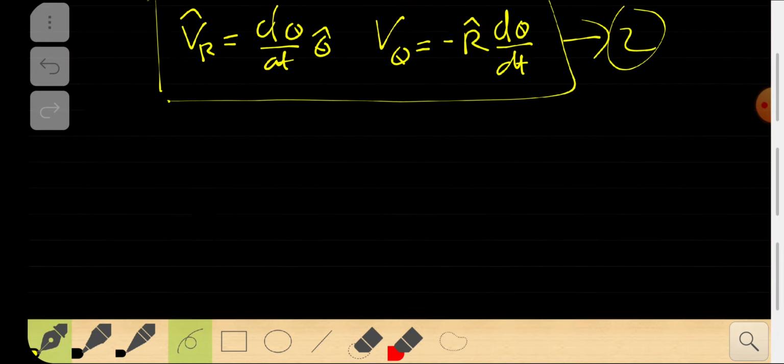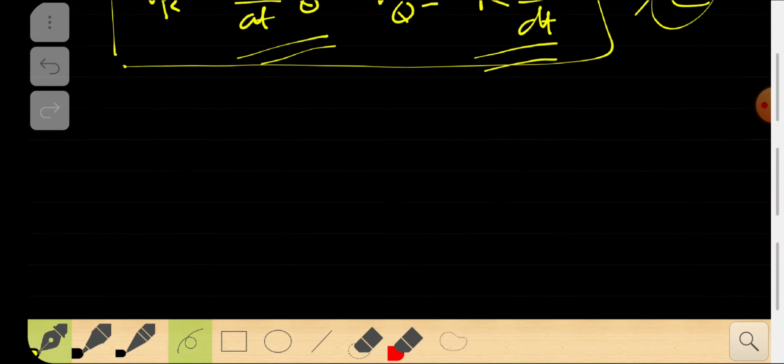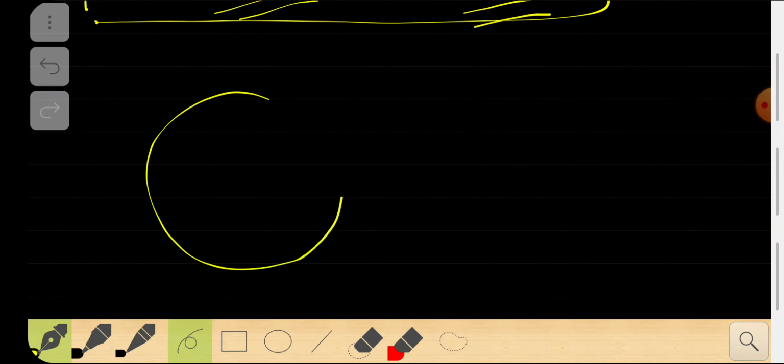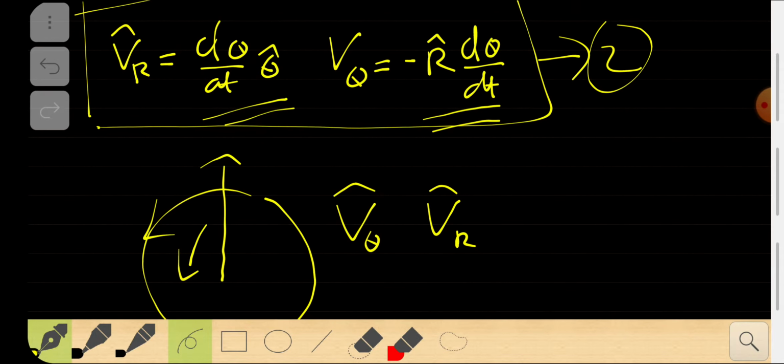Now this is the velocity component of individual axis, right? So v r means in the r direction. If you are moving in the r cap direction, that is the radial direction, what is the velocity? In the angular direction, what is the velocity? So that's v theta and v r. So you can see that, like x is connected to y, v r is connected to v theta, right?